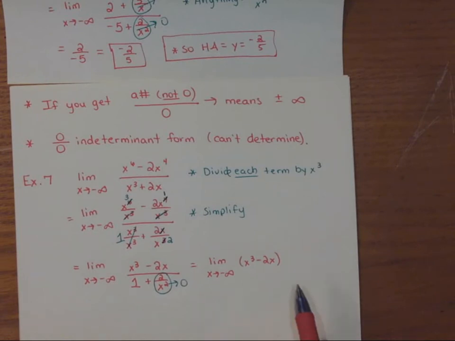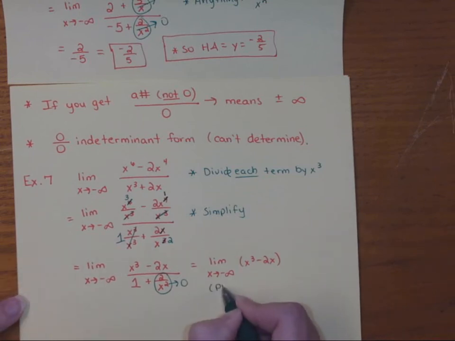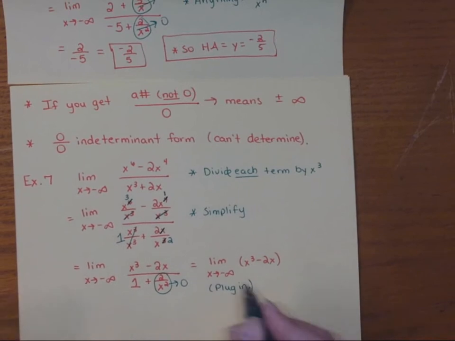So at this stage, we know the answer is just going to be, by the way, we have a number over something over 1, right? So that's why I put that equation by itself. Something over 1 is just itself. So at this stage, you can't really plug in infinity, but you kind of think about it. Basically, you're just needing to figure out whether it's going to be positive infinity or negative infinity.